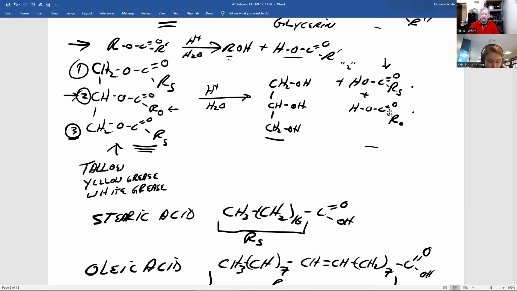Remember in quaternary ammonium salts where I used R sub T? Well, that's a 50-50 mixture, not 50, but close to it, of these R groups in the R sub T.